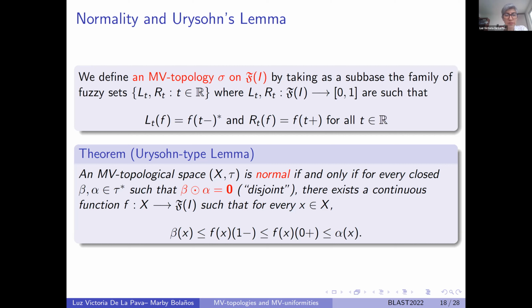So the theorem, the Urysohn lemma, says that an MV topological space is normal if and only if for every closed set beta and alpha that are disjoint, there exists a continuous function from X to the fuzzy interval, such that for every x in X, they satisfy this inequality. This inequality is a kind of separation.